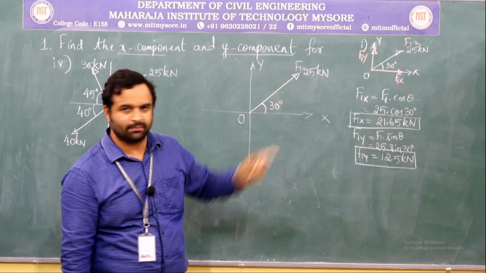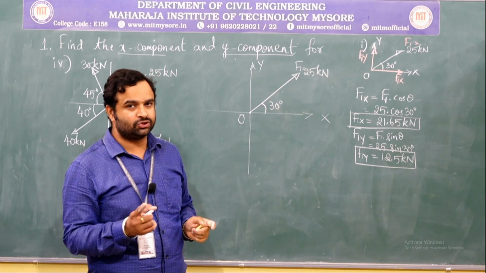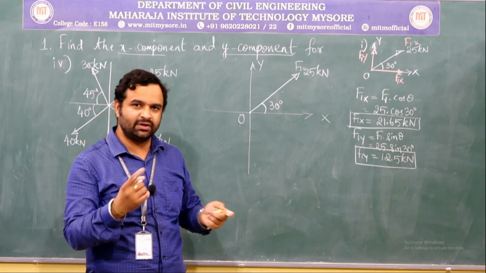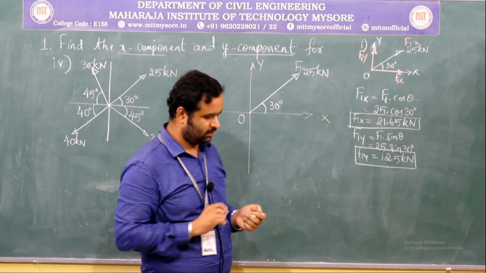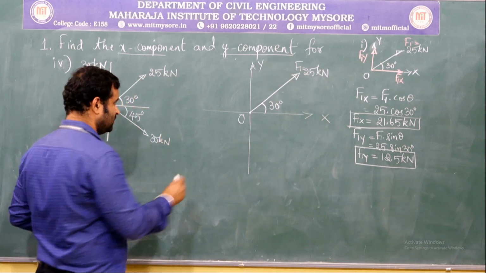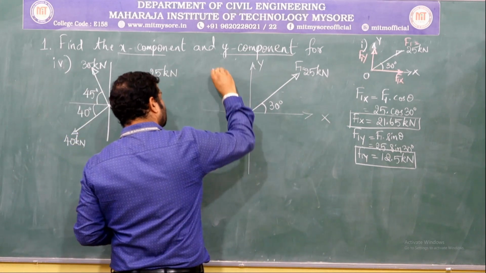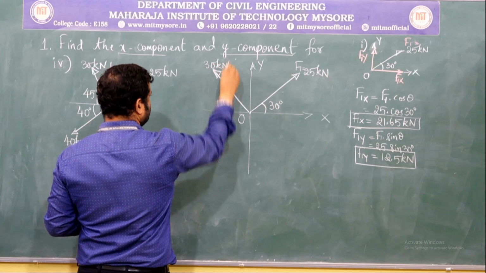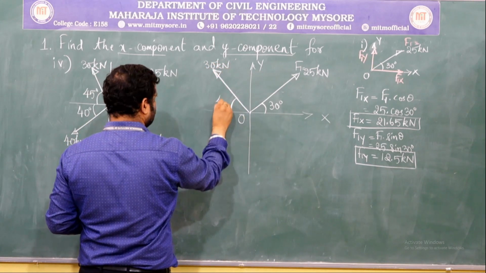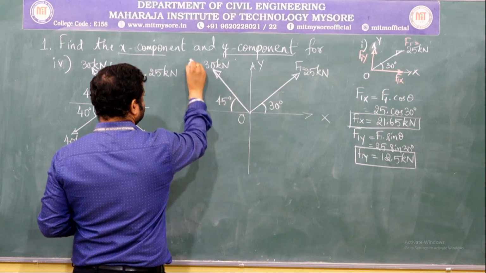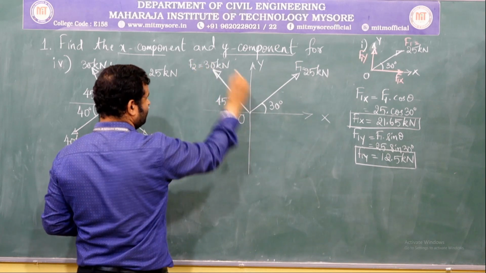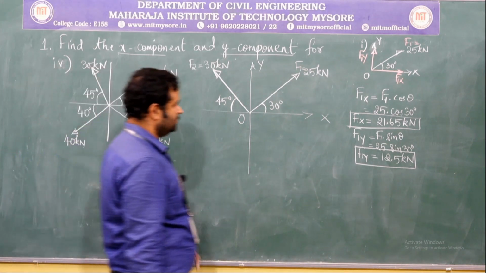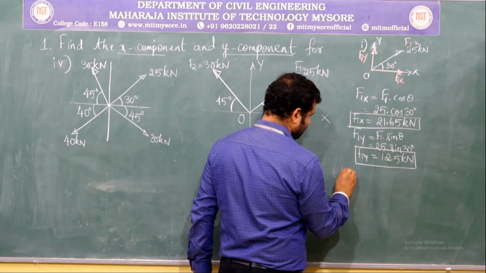That is why I am splitting it up. At the end, let me show how to resolve all the forces in a single figure without any confusion. Now let me consider the second force, which is 30 kilonewton and the angle of inclination is 45 degrees. So this will be equal to F2. So let me take up the second force.